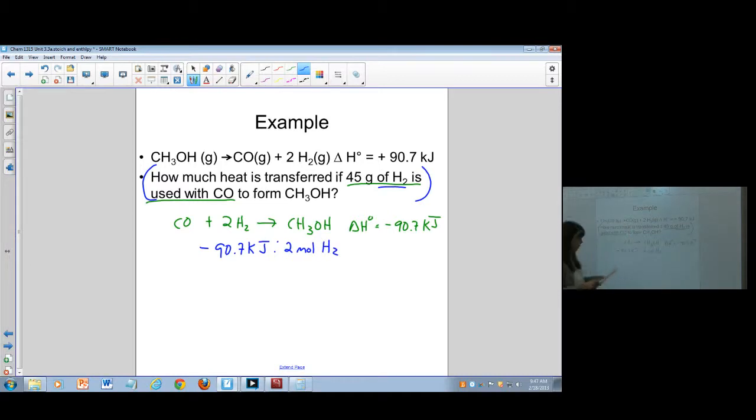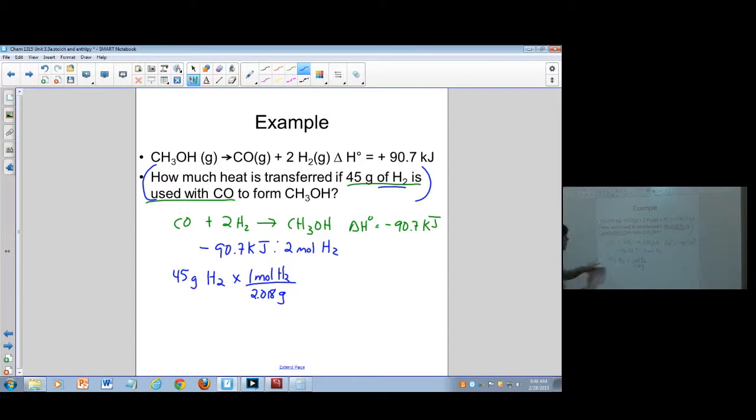All right, and so if I want to get from 45 grams to the amount of heat that it takes, I'll start with 45 grams of H2 times 1 mole of H2 over its molar mass, 2.018 grams.